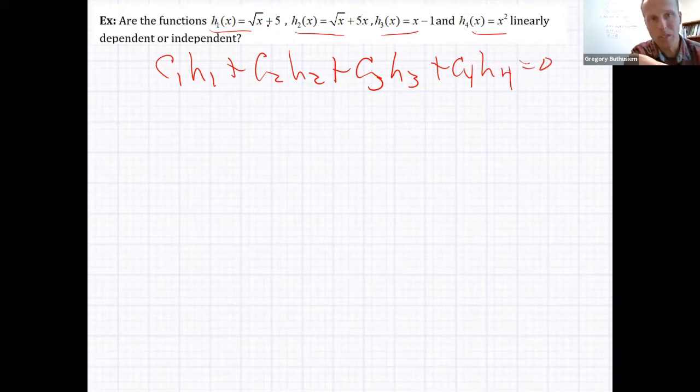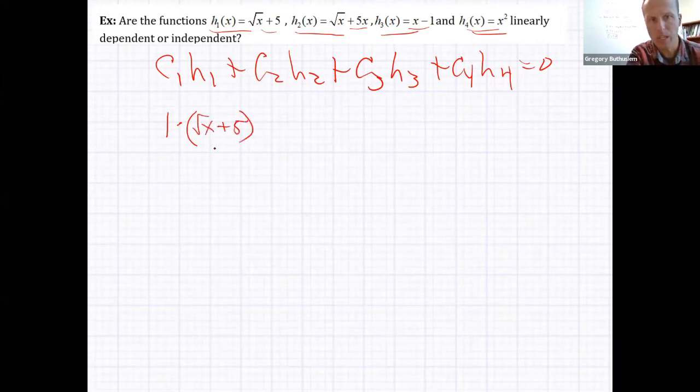You start to see there's some relationship between some of these functions, so if you played around with this enough, you might get it to work out. Let's go with 1 for C1, so H1 is square root of x plus 5.